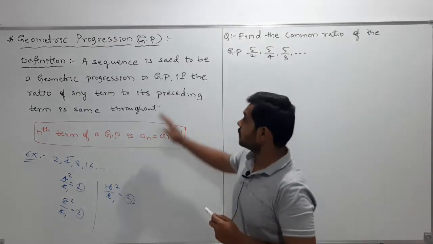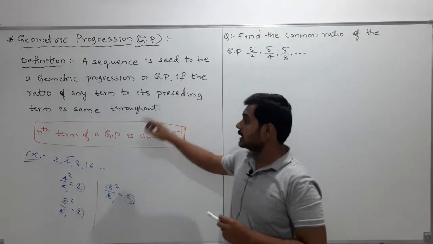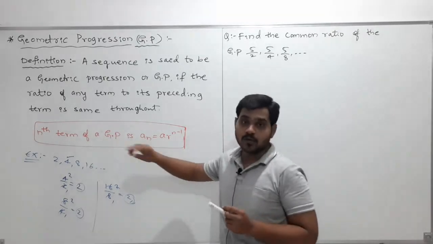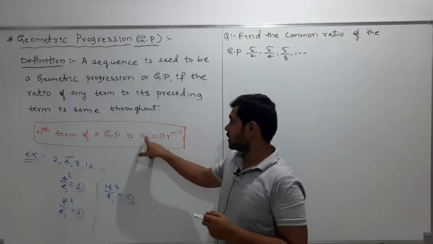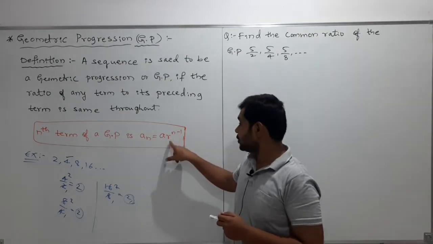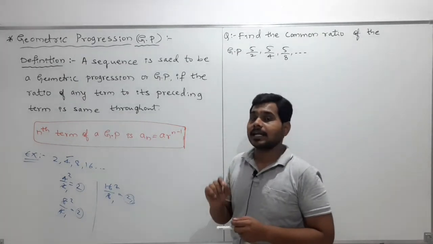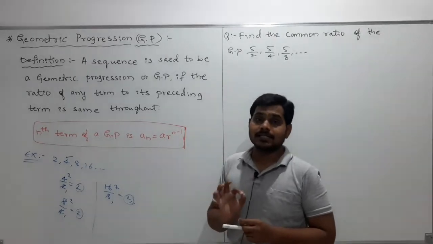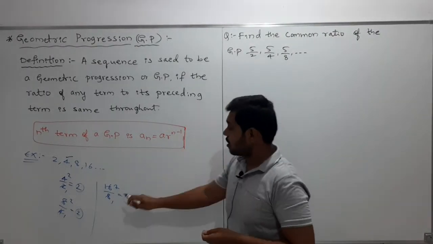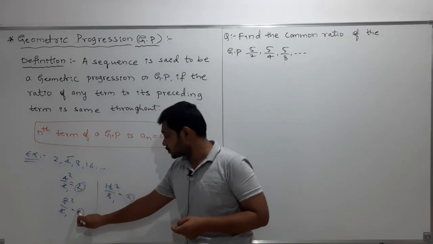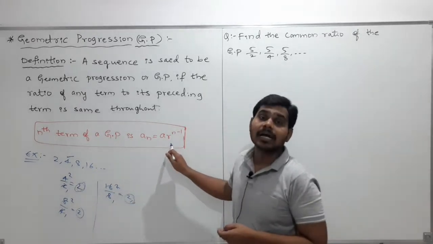Likewise in the geometric progression, if you want to calculate the nth term of the GP, then we have the formula an is equals to a into r to the power n minus 1. This is the nth term of the GP. And this common ratio we call it R.